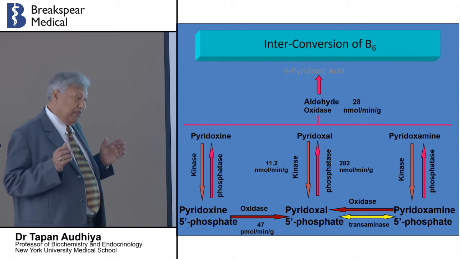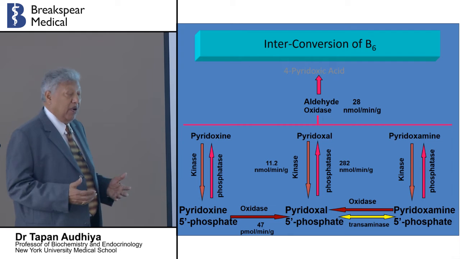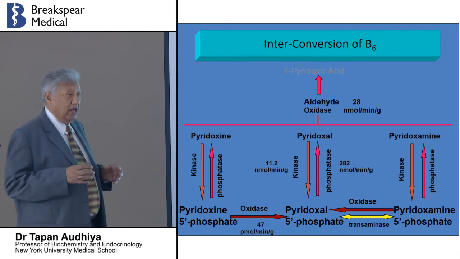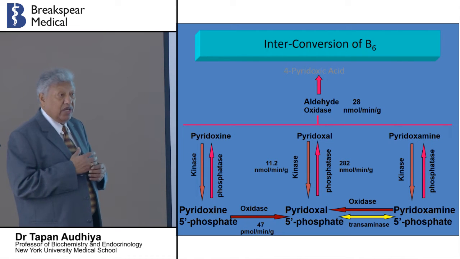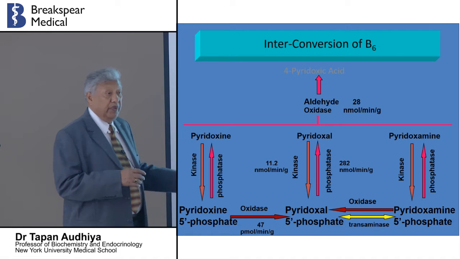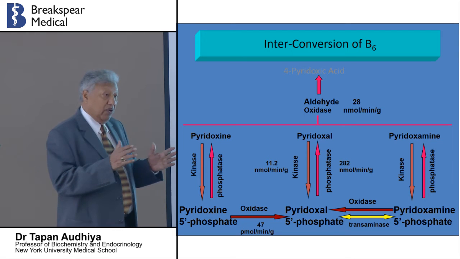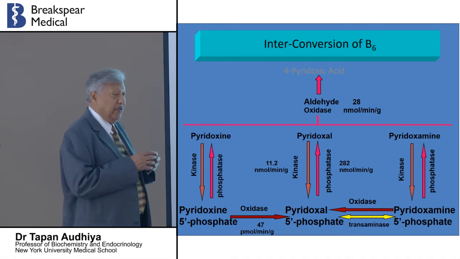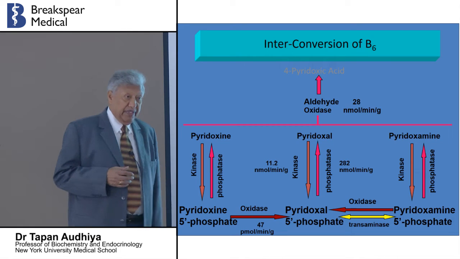So when you give P5P, it goes in, and the problem is that after it passes through the duodenum, there's a pool of a large amount of lysosomal enzyme, and that enzyme has a considerable amount of phosphatase, and that breaks down P5P to pyridoxine and phosphate. So really it is not helping, but both of them can go inside the cell, phosphorus as well as pyridoxine, and can make P5P inside the cell if the kinase activity and oxidase activity is intact.